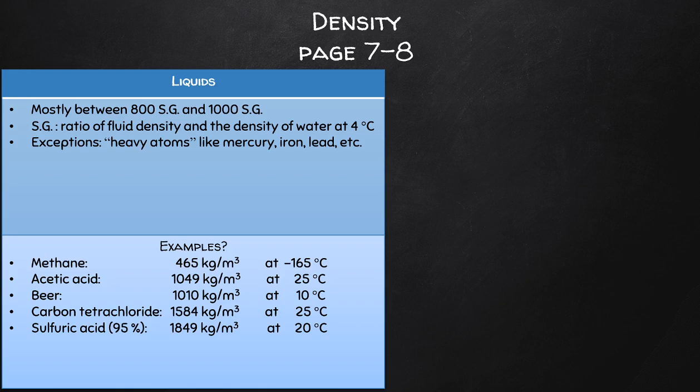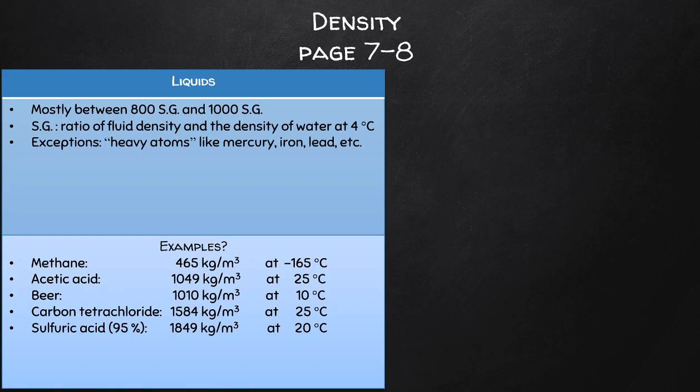Now the first heuristic that we come to is that of the density of most fluids, specifically liquids, and the density of liquids typically range from about 800 SG to 1000 SG, or in other words 800 kilogram per meter cube and 1000 kilogram per meter cube.